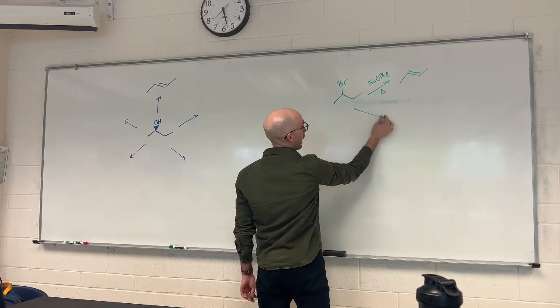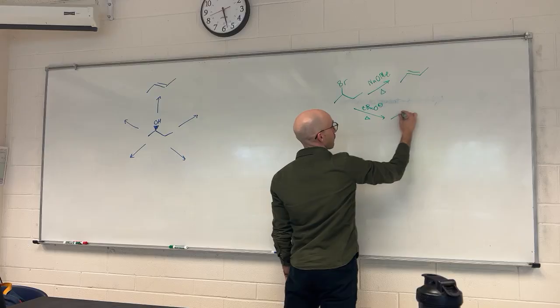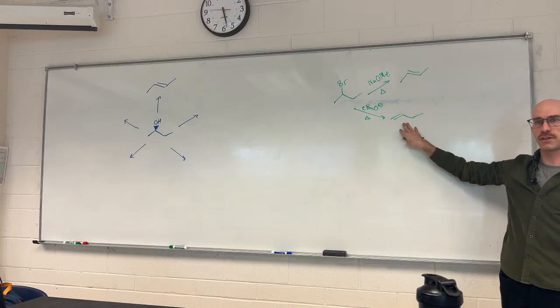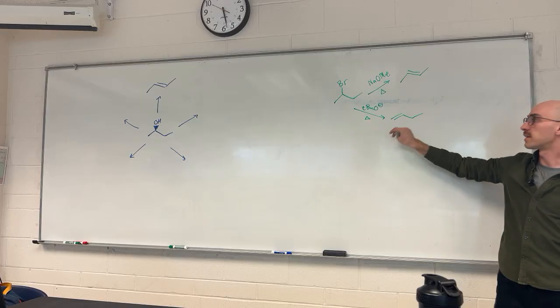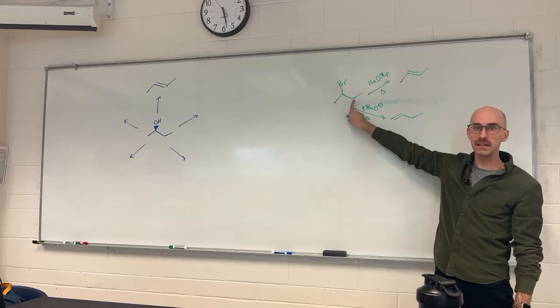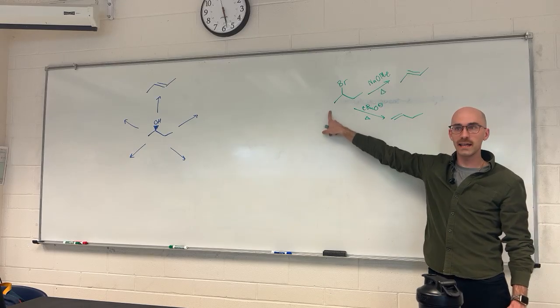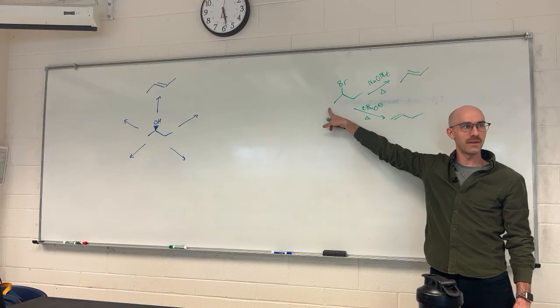I could also react this with tert-butoxide to get the anti-Zaitsev alkene, the less stable alkene, because my big bulky base can't get to the sterically hindered secondary carbon and takes the lower energy route to go to the less sterically hindered primary carbon.